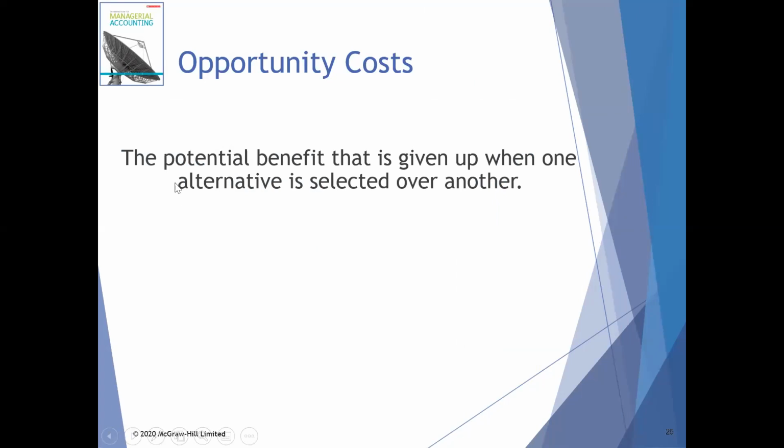Opportunity cost: the potential benefit that is given up when one alternative is selected over the other. I can give you one example. If you have $100,000 in the bank at a 3% rate of interest, that is $3,000 per year.